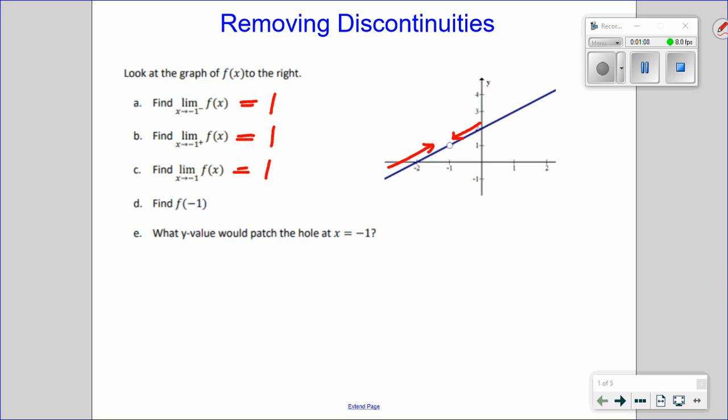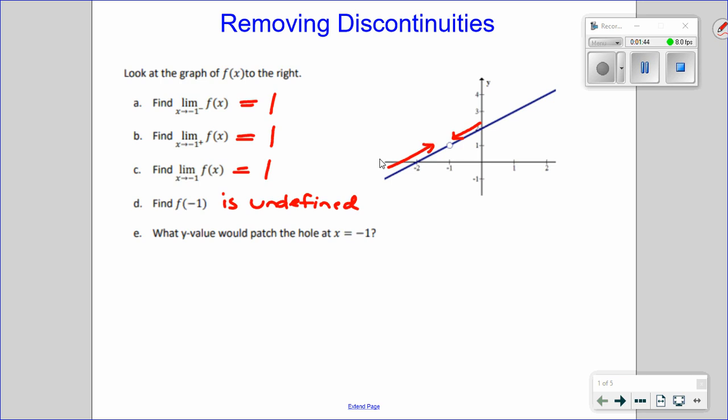Now let's try to find f of -1. Well, f of -1 is undefined because we have an open circle, which is the reason that this graph is not continuous at x equals -1. But think of it like this. What y value would patch the hole at x equals -1?